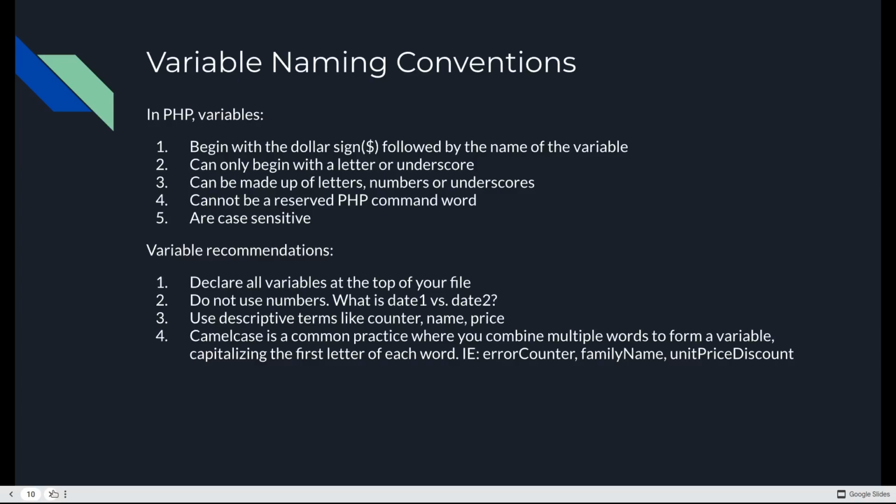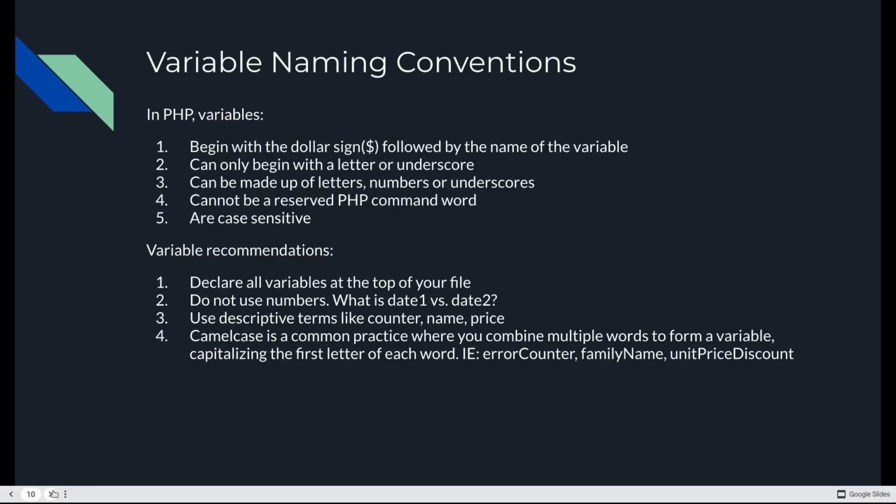They can only begin with a letter or an underscore. They can be made up of letters, numbers, or underscores. You have to make sure that it's not a PHP reserved command word. That part can be a bit tricky. And they're case sensitive. So if you declare it with an uppercase somewhere in it, obviously not the first letter, right? Actually, I guess it could be the first letter. It has to be that case constantly.